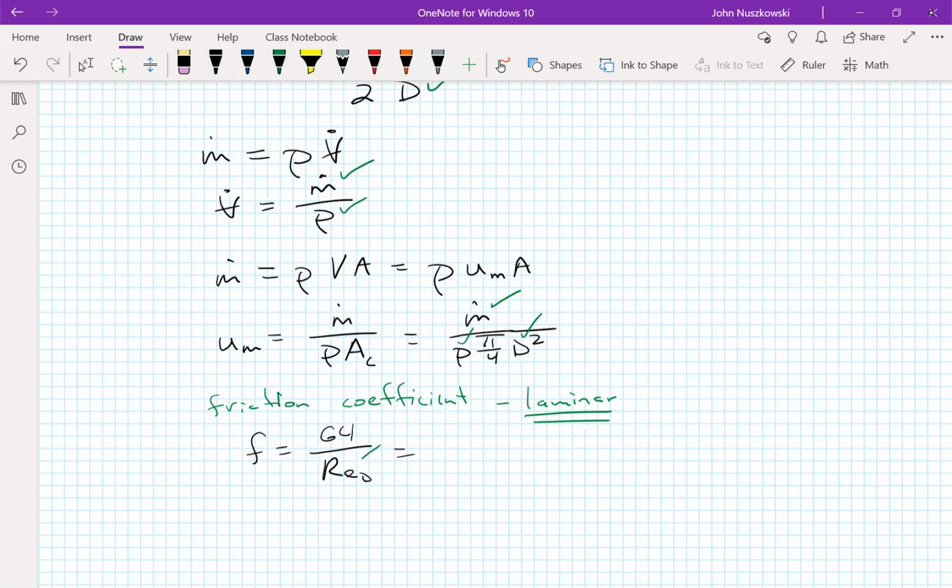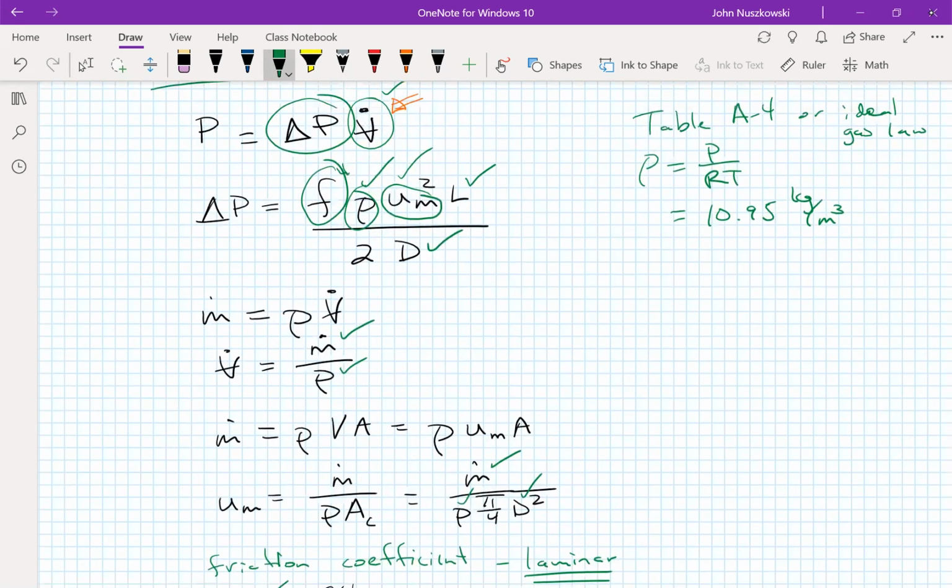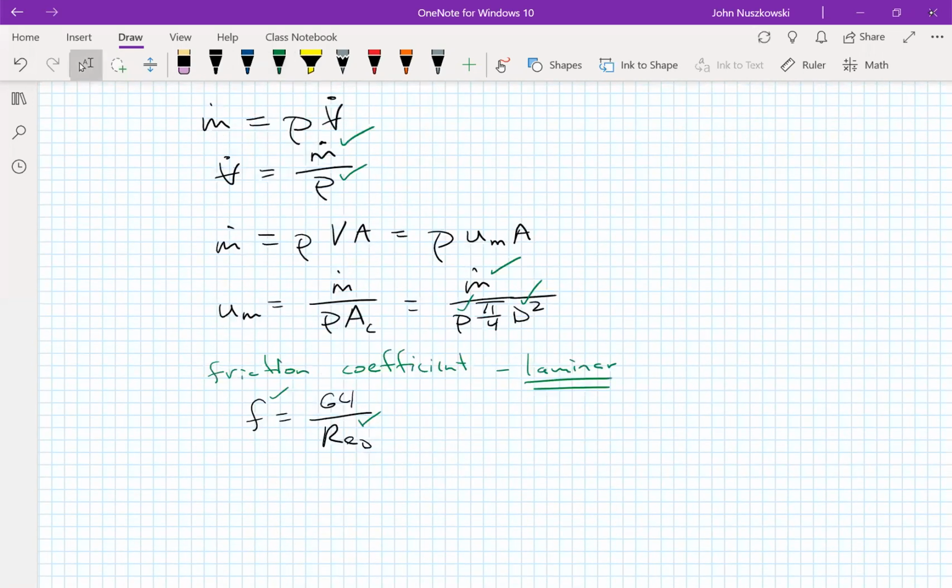Actually, I don't think I have the friction coefficient directly solved, but we have enough then. So we have friction coefficient. So now we have everything to solve for our power. Okay, we have our equation for delta P. We have everything there. We've checked everything off, so we can go through and get all our in-between values or substitute it all back into that power equation and have one big equation.